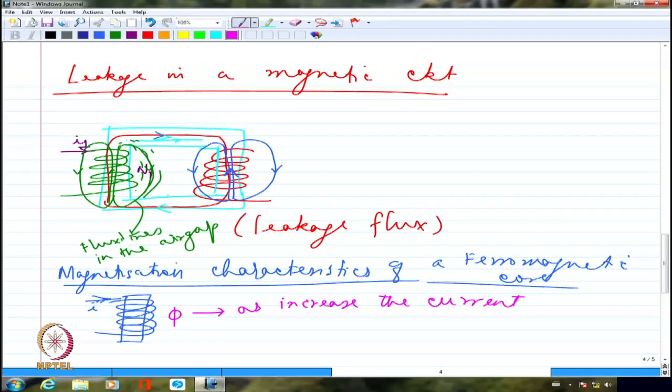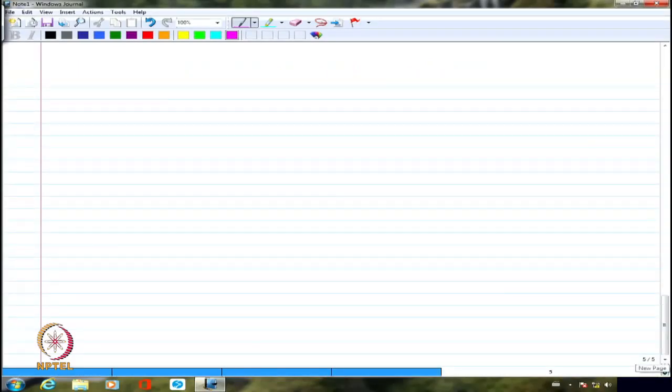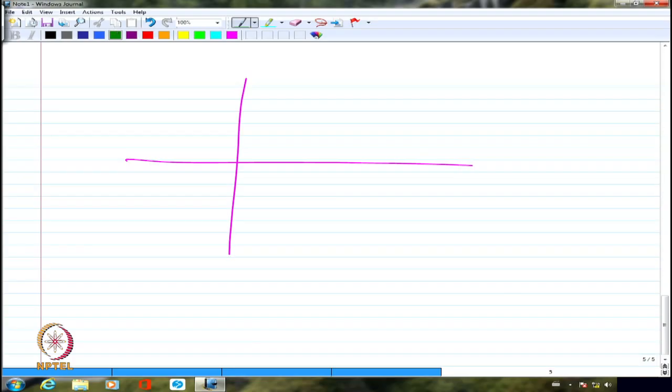Right? So let us try to look at that. If you actually plot this, you are going to have it somewhat like this. Let us say this is the x-axis and this is the y-axis. So I am going to have on the x-axis I, and on the y-axis the flux. Initially I may say that as I increase the current, the flux is increasing linearly.